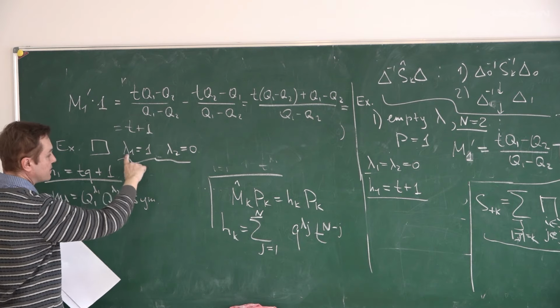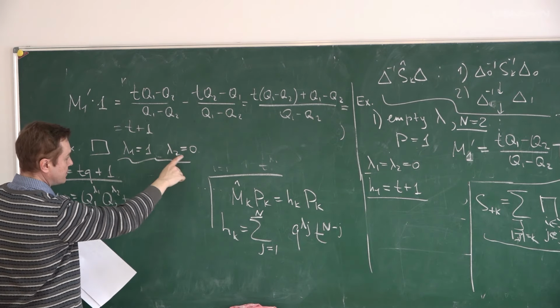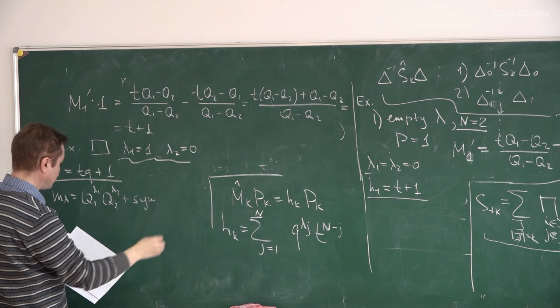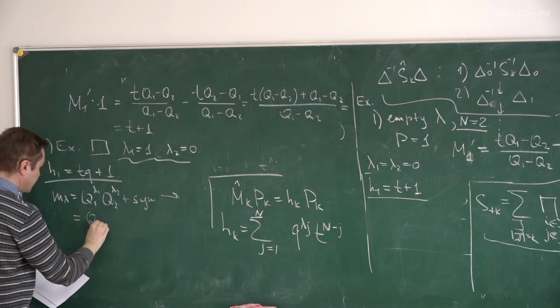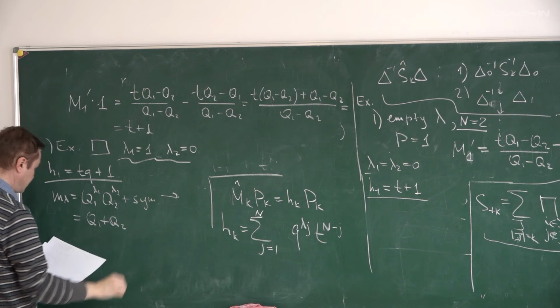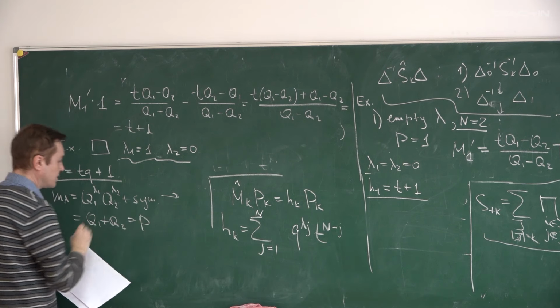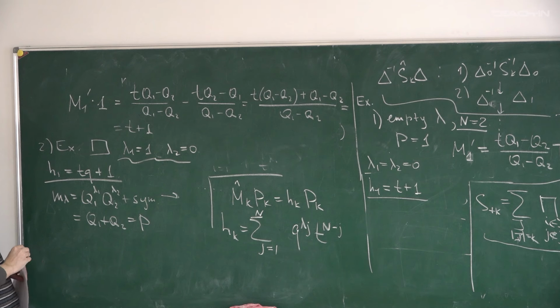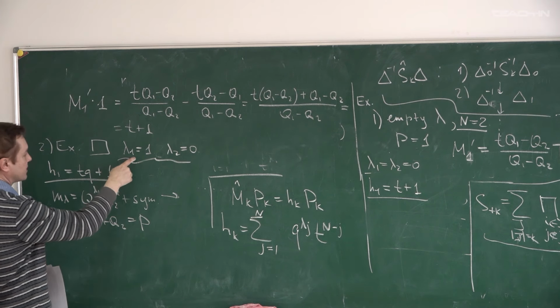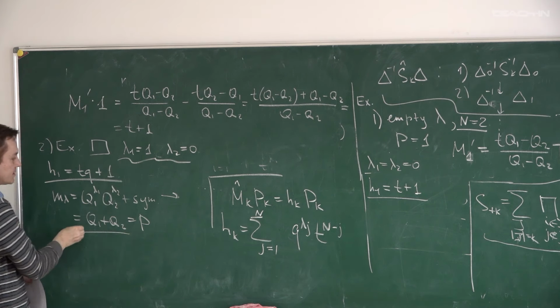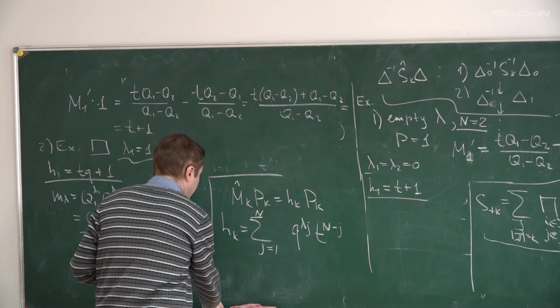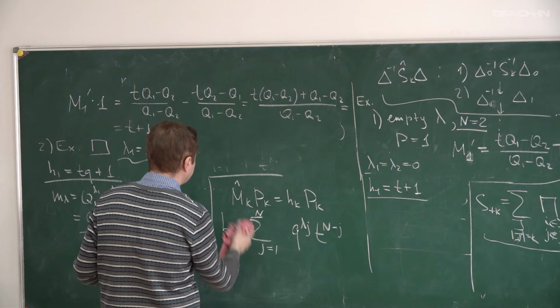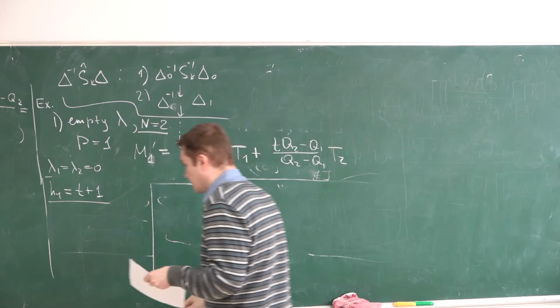And in this case, there are no diagrams less than this one, so there is no tail. And this provides us just q1 plus q2. And this is our Macdonald polynomial. So in this simple case, the Macdonald polynomial is given just by the sum of coordinates. And we may also verify it. So let us write it here.